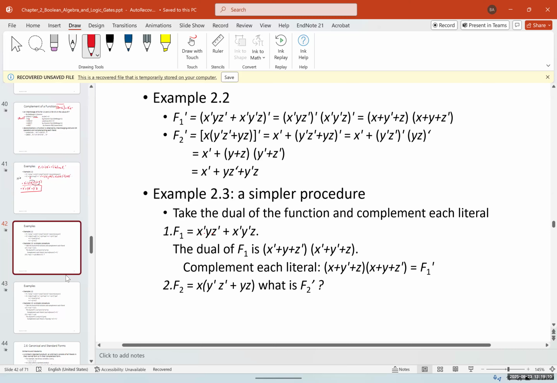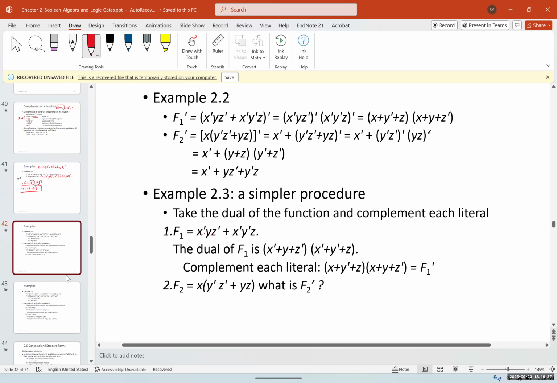So the complement of f1, which is x prime y z prime plus x prime y prime z, is equal to x prime plus y plus z prime, and with x prime plus y prime plus z. Now we complement each literal, therefore we're going to have x plus y prime plus z, and with x plus y plus z prime, which gives us f1 prime.